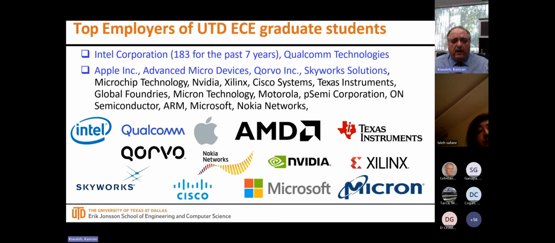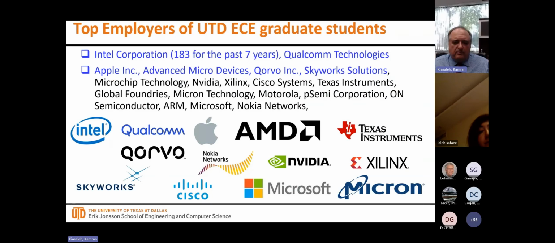So our students find jobs in a variety of industries. For the past 7 years, 130 companies have hired our graduates. You can see that these are major institutions: Qualcomm, Intel, Qorvo, AMD, Micron, NVIDIA, Xilinx, Cisco.